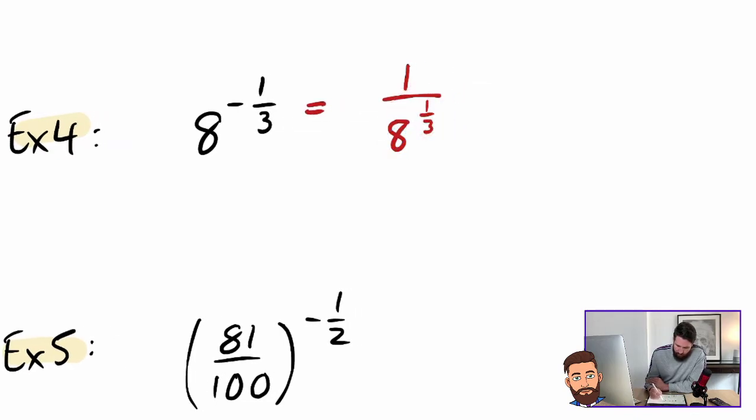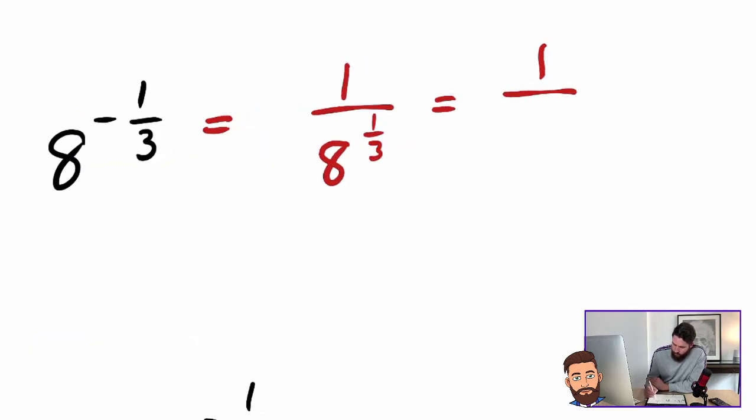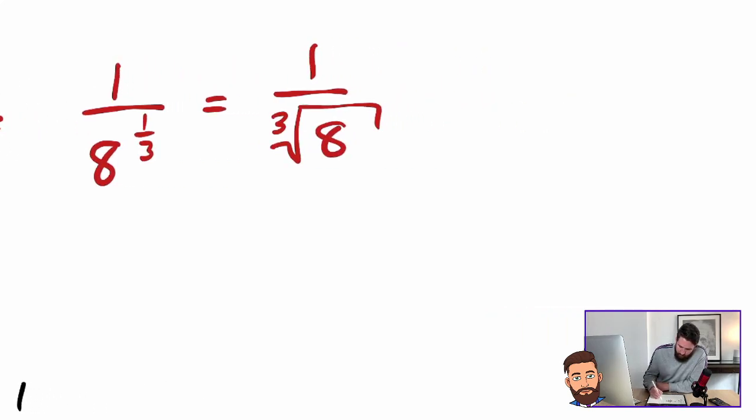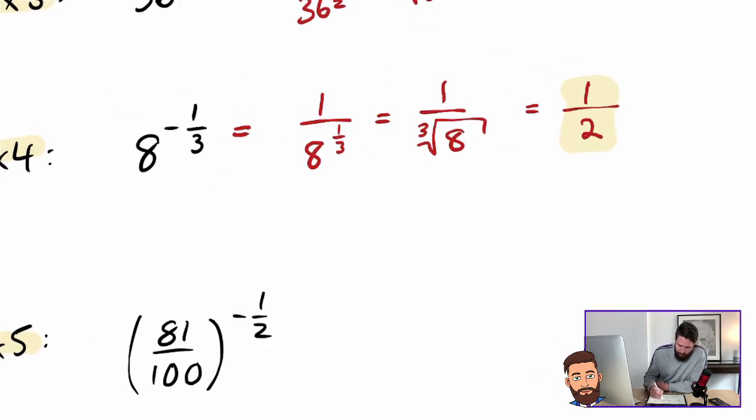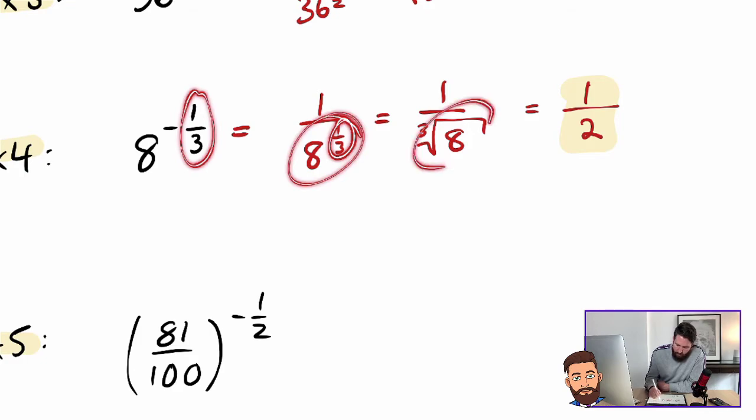We know that means the cube root, so that's 1 over the cube root, remember, of 8. And we know the cube root of 8, hopefully at this point, is 2. So the answer to this question is simply 1 over 2. And again, you deal with the negative power first by doing the reciprocal, and then you deal with the original power, which we know is a cube.